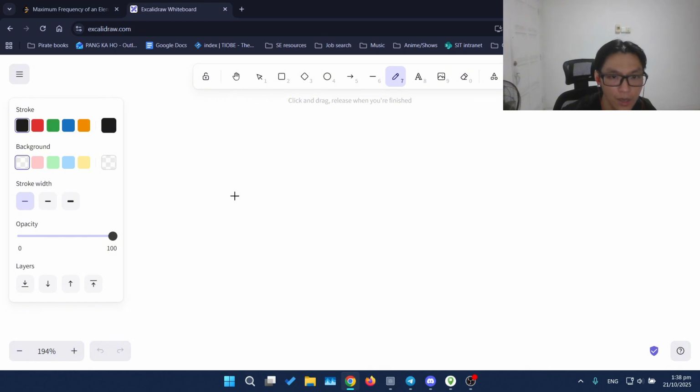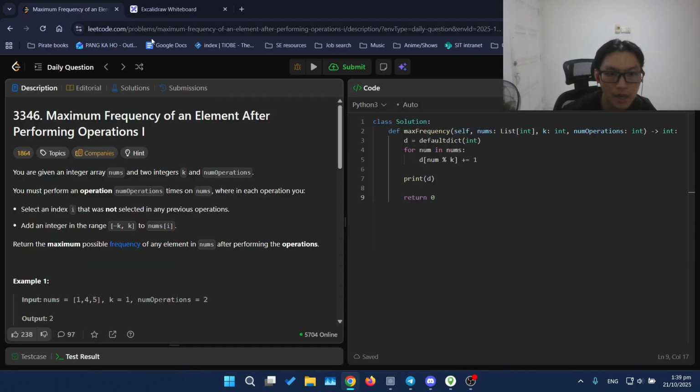So we have like 1 here on a number line. Yeah, maybe just do like 1, 2, 3, 4, and 5. We have like 1 here, 4 and 5, and we can do it twice.